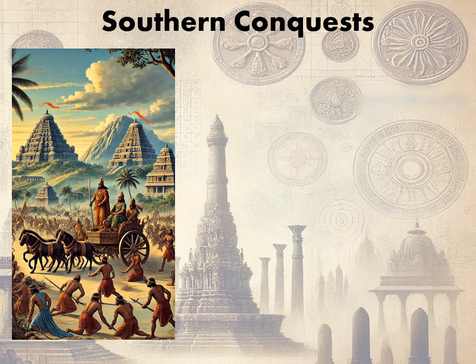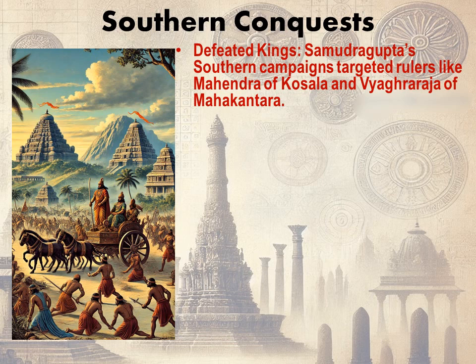Now we will know about his southern conquest, means how was his campaign towards the south and what wars did he fight against the southern rulers. Samudragupta's southern campaigns targeted rulers like Mahendra of Koshala and Vagraraja of Mahakantara.